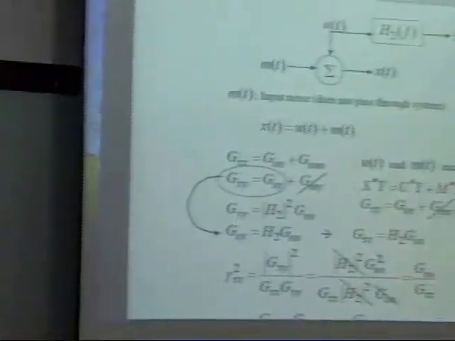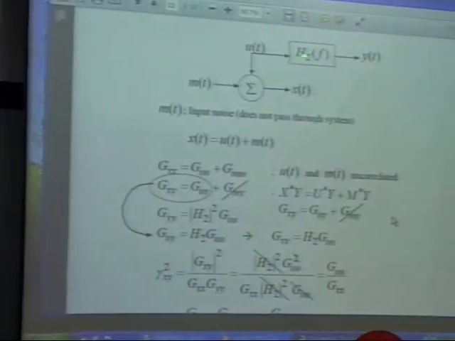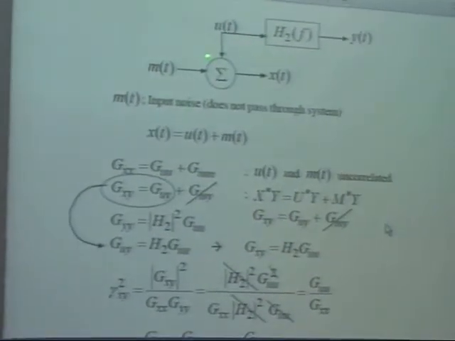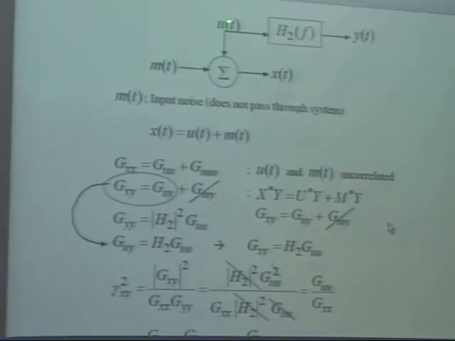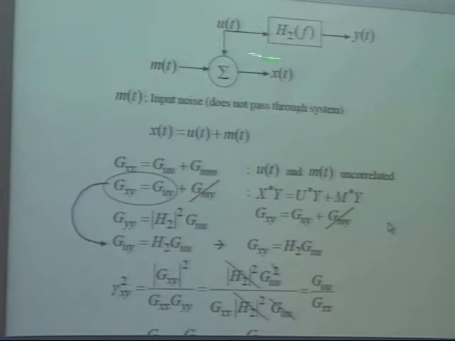So Guy is equal to H times Guu. You see that relation right away? It's right here. So this is over here.